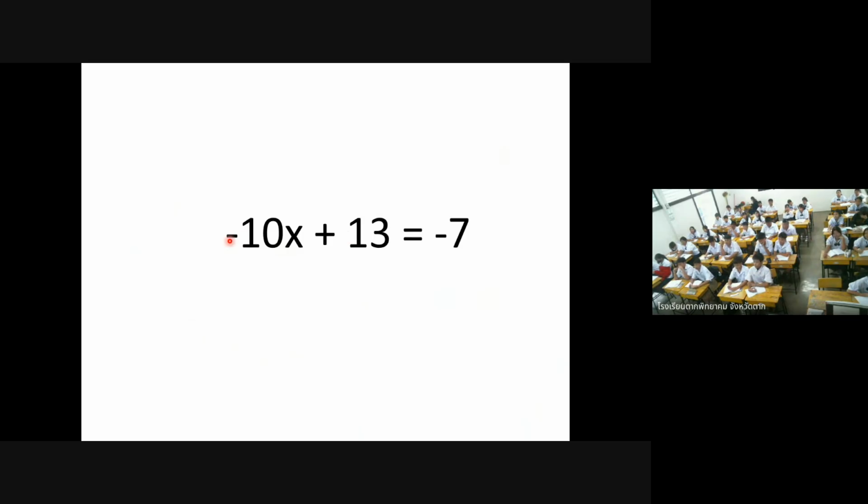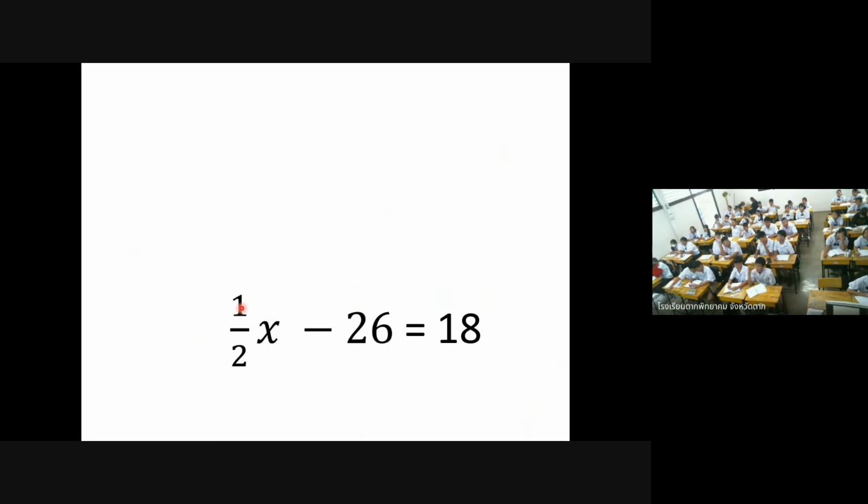Okay, that is negative 10x plus 13 is equal to negative 7. Next. Okay, so you have 1 over 2x minus 26 is equal to 18.